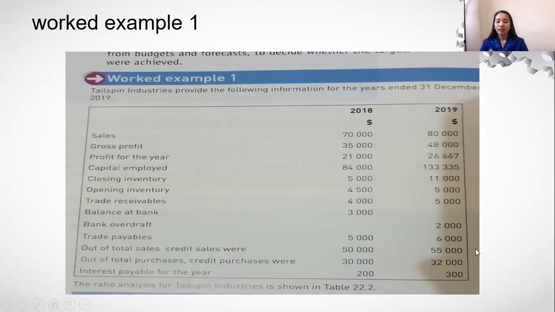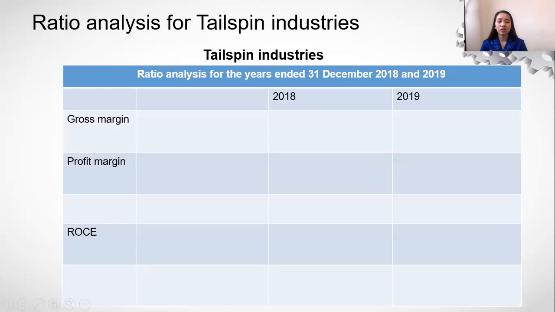Tailspin Industries provides the following information for the years ended 31st December 2019: the sales, gross profit, profit for the year, capital employed, closing inventory, opening inventory, trade receivables, balance at bank, bank overdraft, trade payables, credit sales, and so on. So let's jump to the next table.